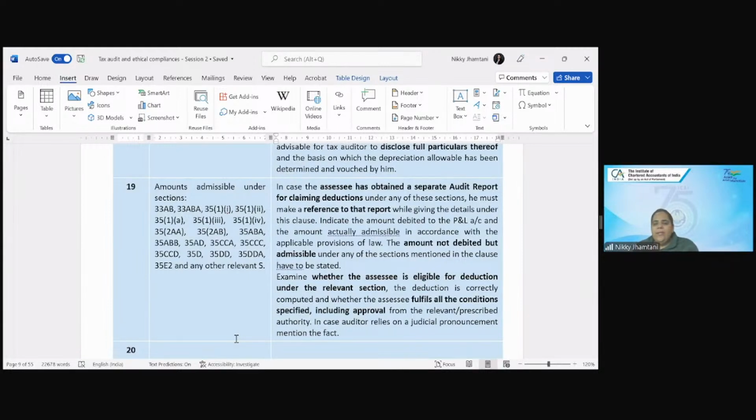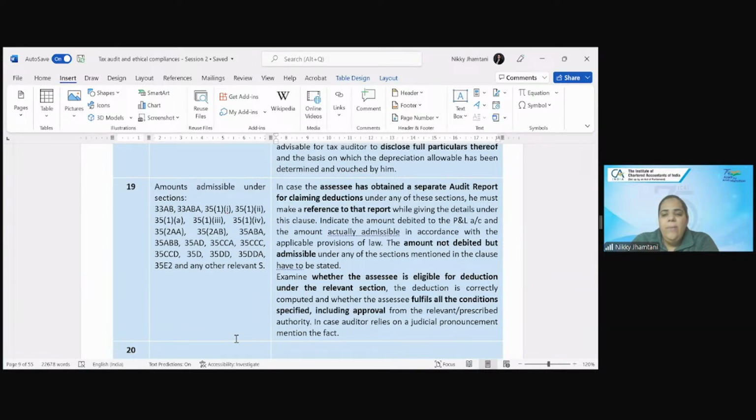So, in case the assessee has obtained a separate audit report for claiming deductions under any of these sections, he must make a reference to that report while giving the details under this clause, indicate the amount debited to the P&L and the amount actually admissible in accordance with the applicable provisions of the law.